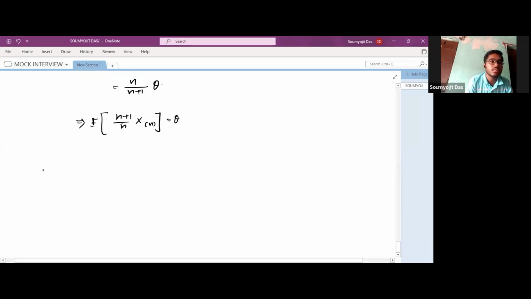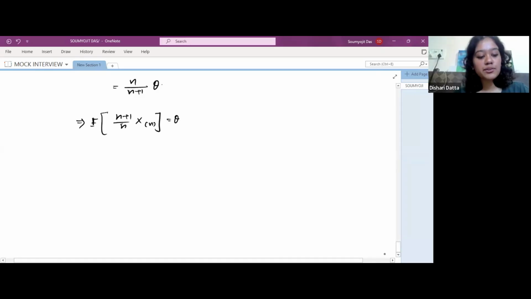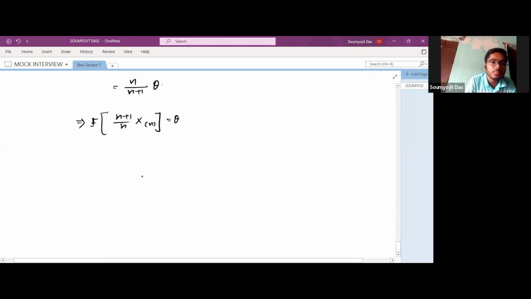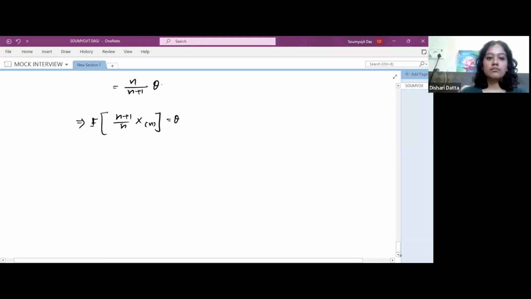For uniqueness, we can proceed by contradiction, assuming that T1 and T2 are both UMVUE. Then, after certain computation, we can say that T1 will be equal to T2. Since they are UMVUE, they should have the same minimum variance basically. Yes. Minimum variance should be the same. Okay, I'm done.